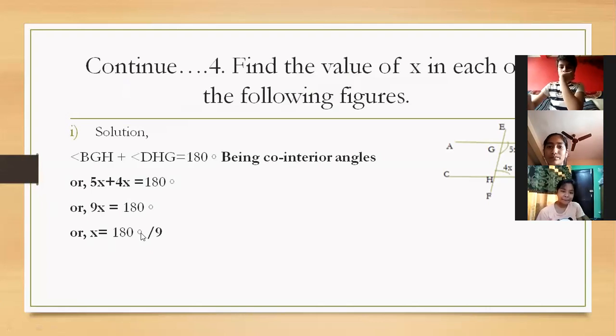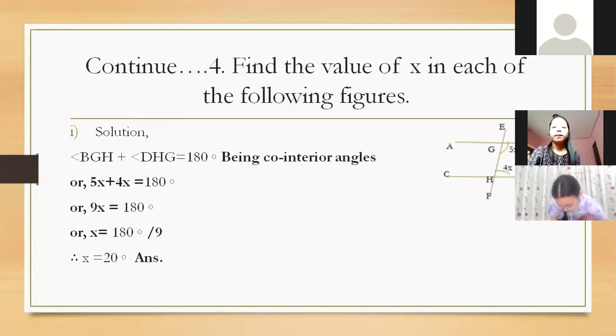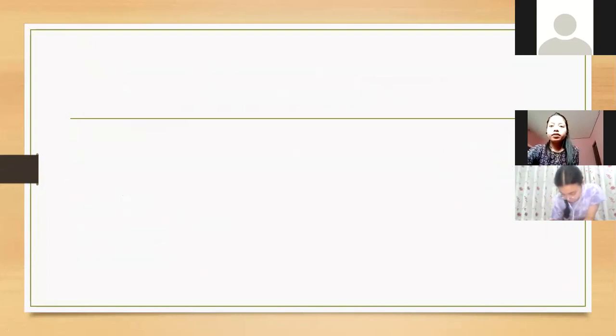Then this 9 comes here to divide. When you divide 180 by 9, you will get the value of x, how much? 20 degrees. Absolutely right. Please concentrate on the screen. Now the next one. Should I move to the next slide? Yes, sir. Okay. The next question is this one.